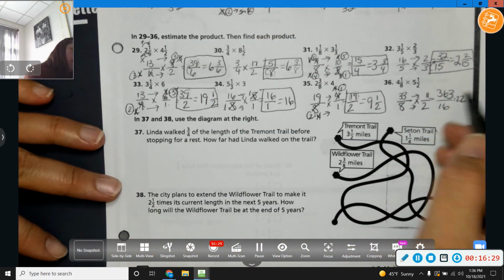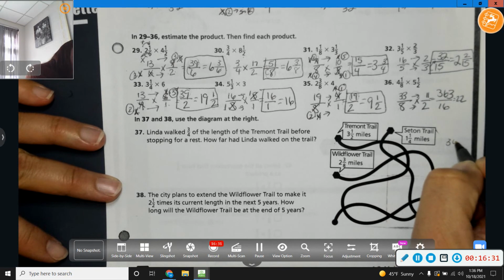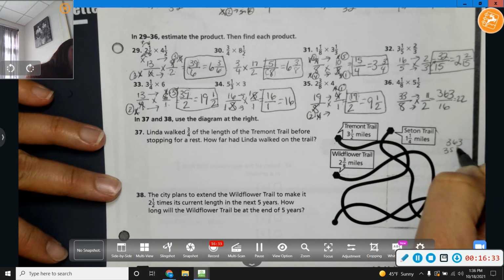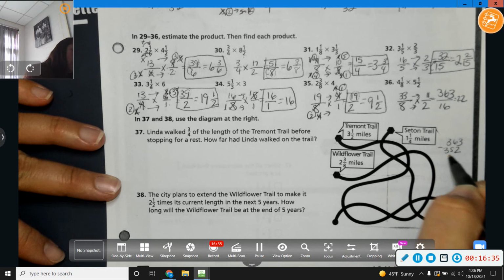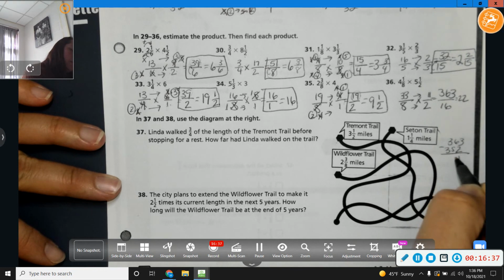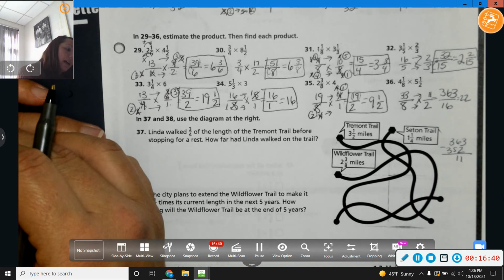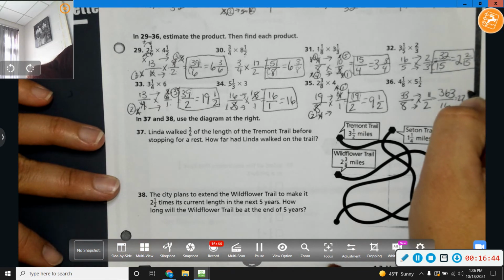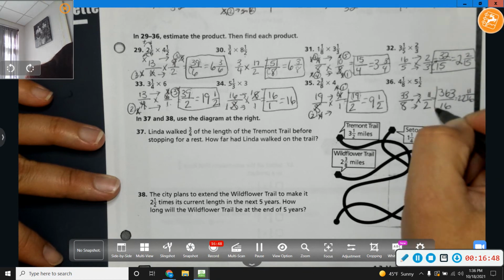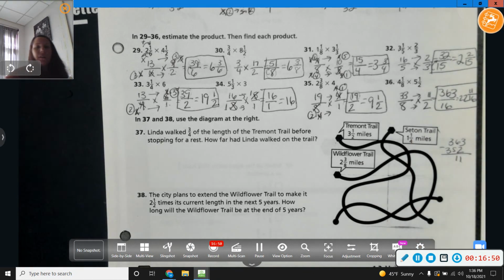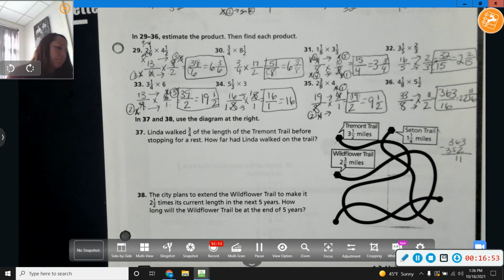So 363 minus 352, 1, 1. So there's 11 left, right? So 22 times with 11 over 16. That's your answer. The denominator is always the same.